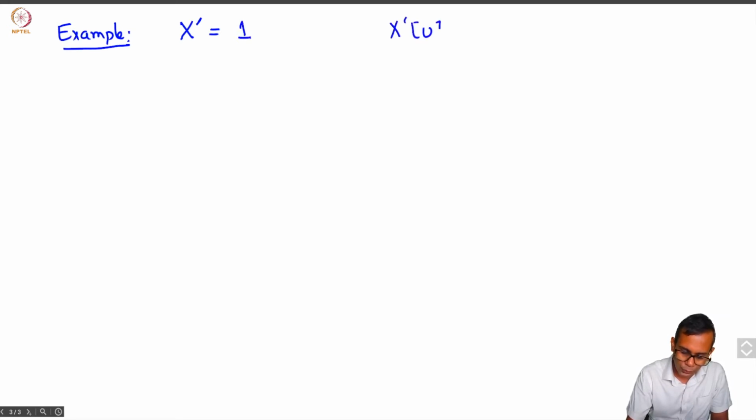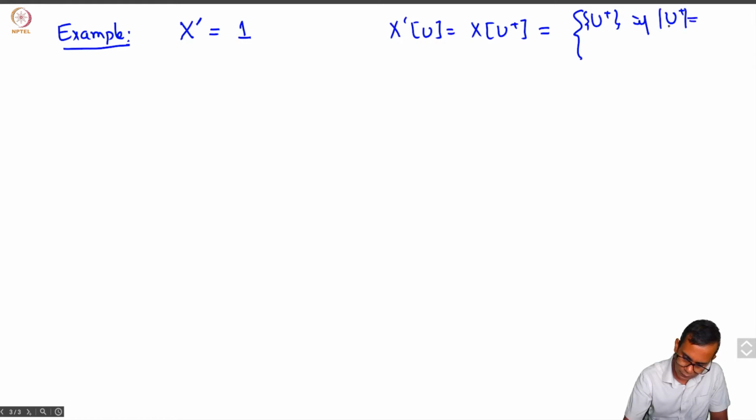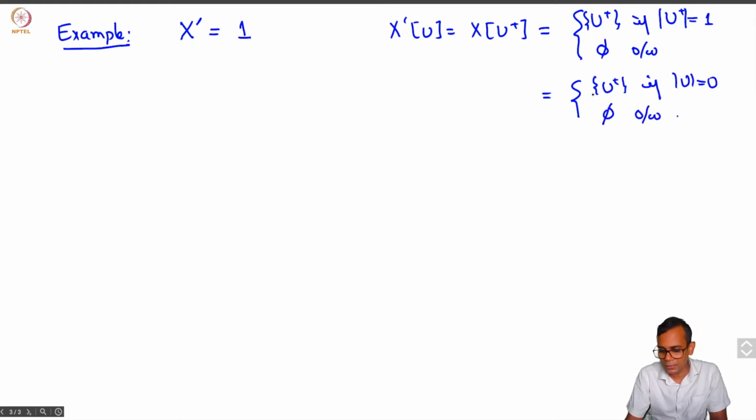So x prime of u is x of u plus, and so we want u plus to be of size 1, which means that u is of size 0, and empty otherwise. And this is isomorphic to the species 1, which takes singleton u if u is of size 0. And similarly, you can show that 1 prime is equal to 0.